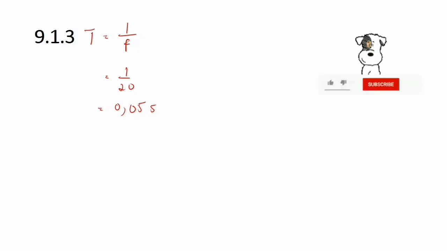So the period of a wave is equal to 1 over its frequency, so it's 1 over 20, which will give us 0.05 seconds. So it takes 0.05 seconds for one complete wave to form.